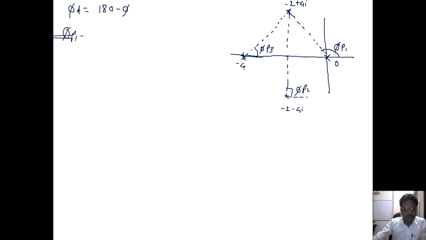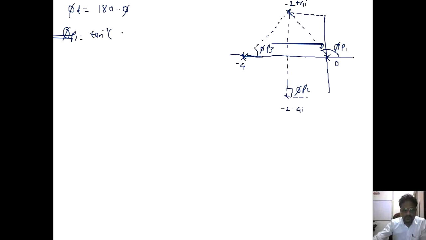Phi p1 will be this 90 plus this remaining angle theta. For this theta I am considering this triangle, so theta is tan inverse of opposite by adjacent. The opposite is 2, since this value is on the axis, and the adjacent is 4.